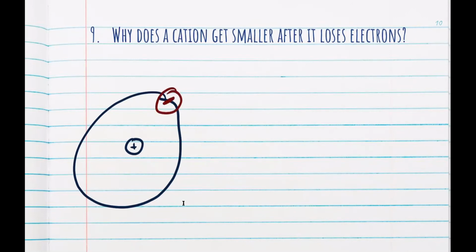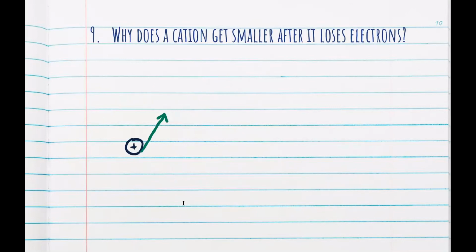And our definition for atomic radius is, this would be its atomic radius, how far it is to that electron. If it loses an electron, then its new radius would just be from the center, just what the proton is. And that's what causes our cations to be smaller.